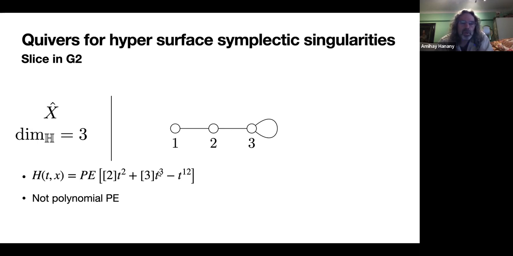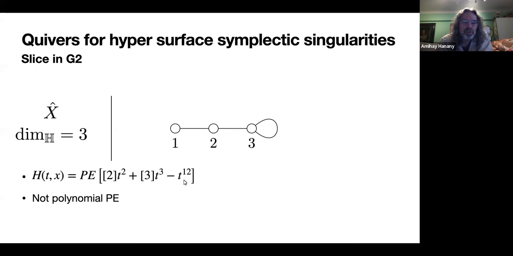And the moduli space is a complete intersection, so it is part of the criteria that we used at the beginning. It's not just a complete intersection, it's also a hypersurface: 2 generators subject to 1 relation.